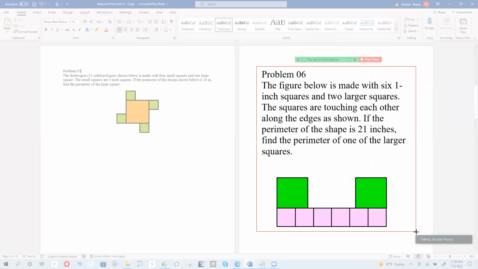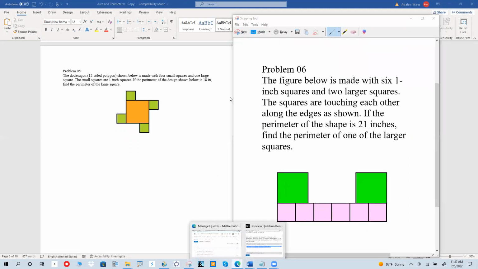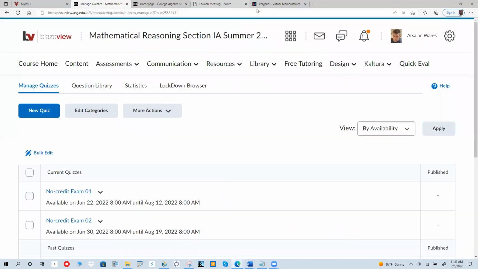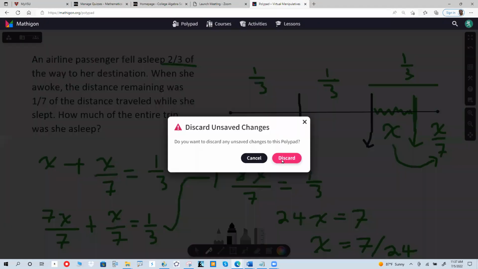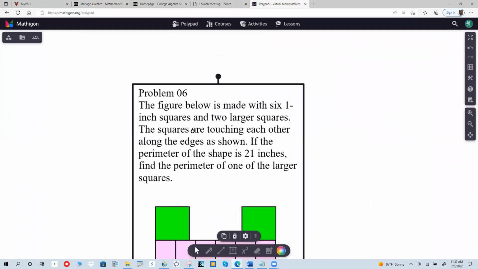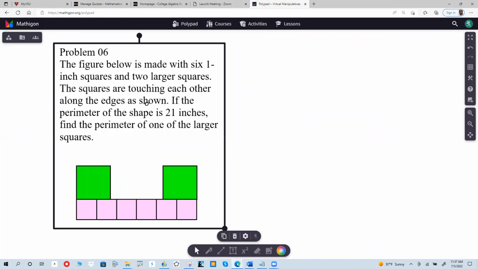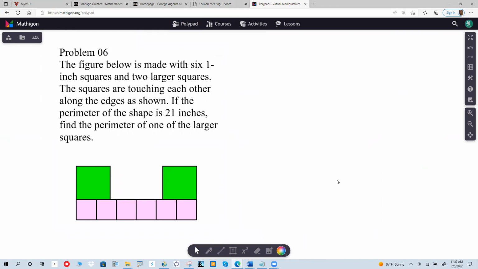So this is number 6. Here we are. Let's read the question. Number 6 from Area Perimeter 2, and the packet is in your folder called Problem Sets on BlazeView.